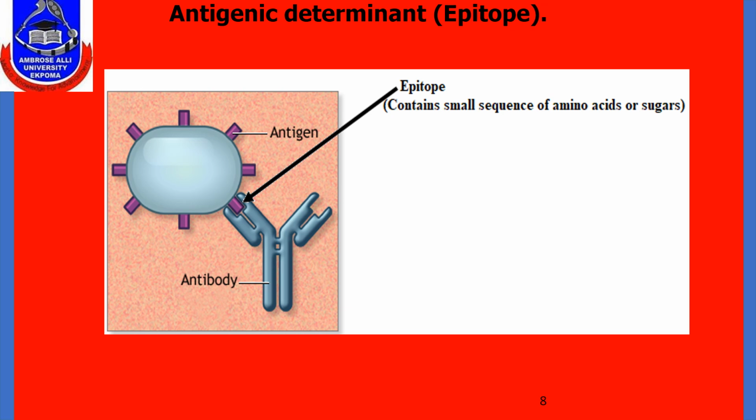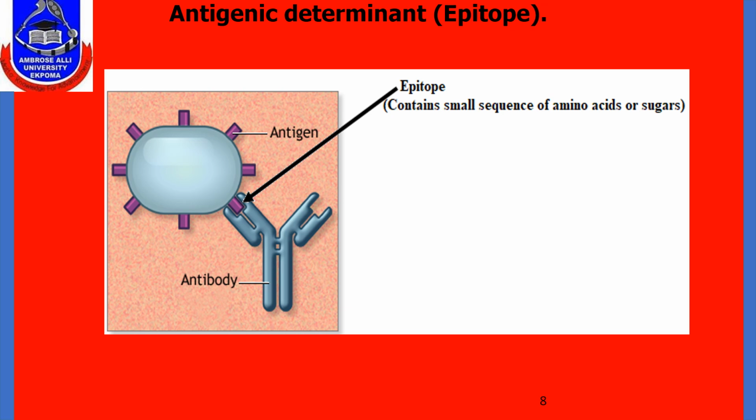Now, this antigen contains or may contain small sequences of amino acid or sugar. Now, it is the nature of the amino acid or sugar present on the antigens that determines the type of antibody that will bind to the antigen.